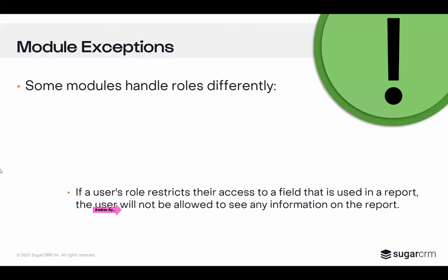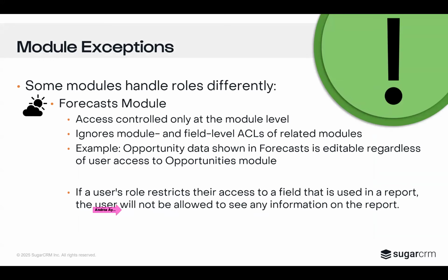Okay. So some modules handle roles a little differently. And you may have experienced this already. The forecast module, so how you have set up your roles for particular groups in the system that are going to access forecasting, controls only at that module level. So it ignores module and field level access controls of related modules.